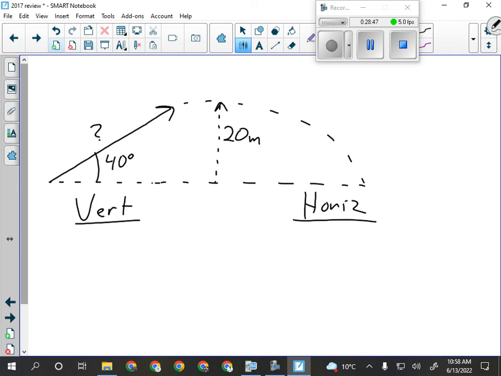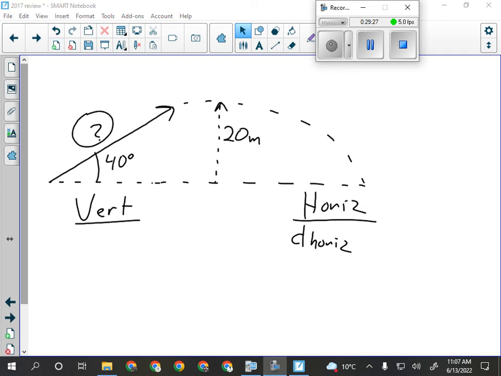Launched at an unknown velocity, I would like you to calculate 2 things: the horizontal distance and the projected velocity, using only those 2 numbers. It's a little bit of working backwards, but it's a good exercise. I'll give you 5 to 8 minutes on that.